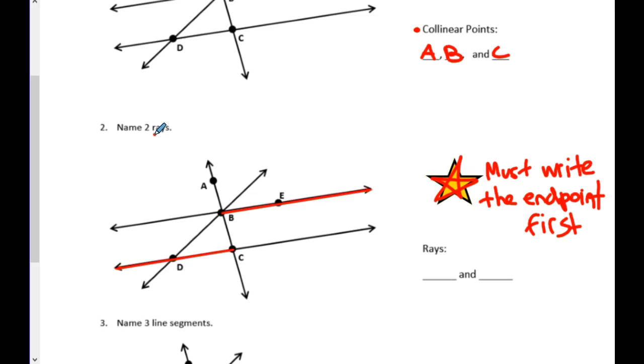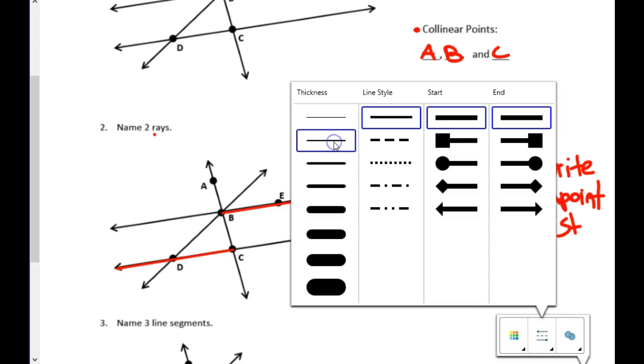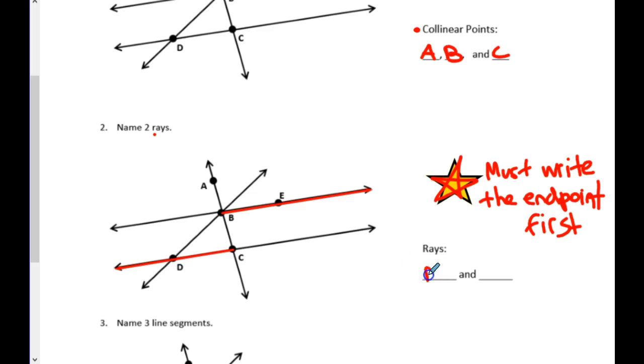So I'm going to put BE, make sure I got the right width, and then an arrowhead on the right side. If you don't put the right thing on top of it, it's wrong. There's specific notation for rays and for segments and for lines. Now here's where people might mess up, but not y'all, because you're listening very intently.